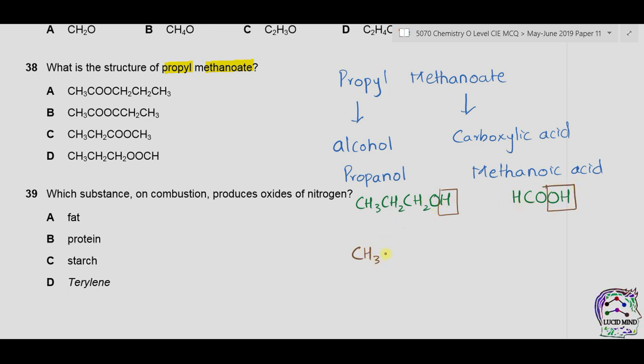The product formed is CH3CH2CH2, then we have this oxygen, then we have this oxygen, then this carbon and this hydrogen. So we can see that we have 3 carbon alcohol and 1 carbon carboxylic acid. The structure is similar in both. The answer is therefore D.